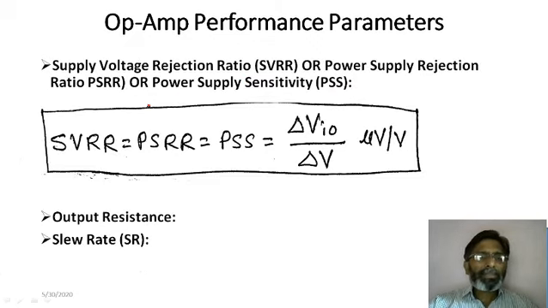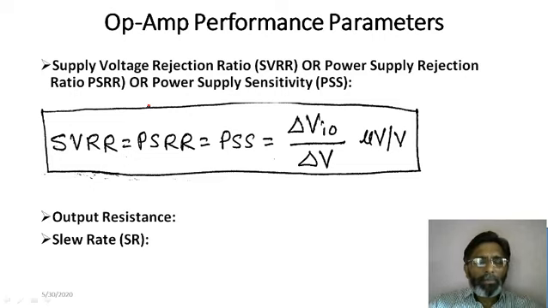Then the next parameter is the supply voltage rejection ratio or power supply rejection ratio. Supply voltage rejection ratio is abbreviated as SVRR, or power supply rejection ratio, abbreviated as PSRR, or it is also known as power supply sensitivity, that is PSS.